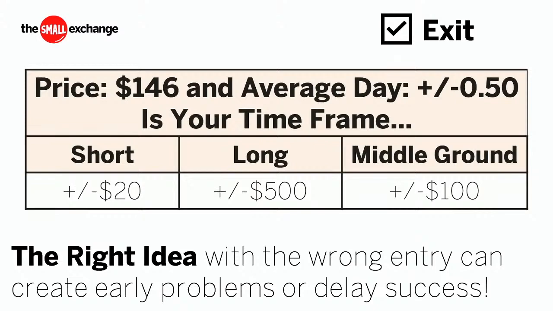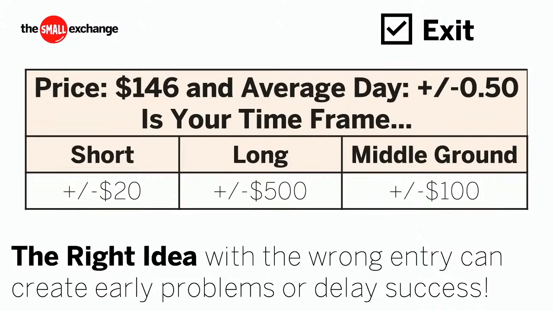If I have a long-term approach in this market, if it moves 50 cents or $50 notionally on any given day, then I know, extrapolating it over a couple of weeks or a month or so, a couple hundred dollars, that is appropriate there. And then the middle ground approach, once again, none of these are necessarily right, but they're good to pair with what your approach is for any given trade, any given market.